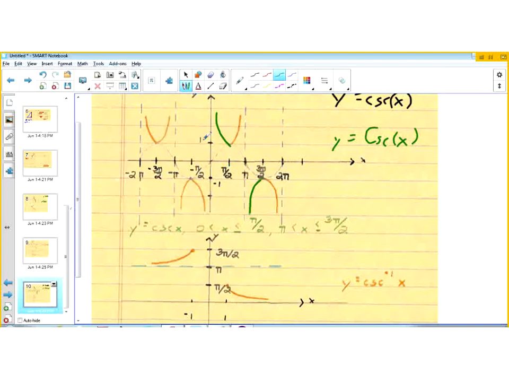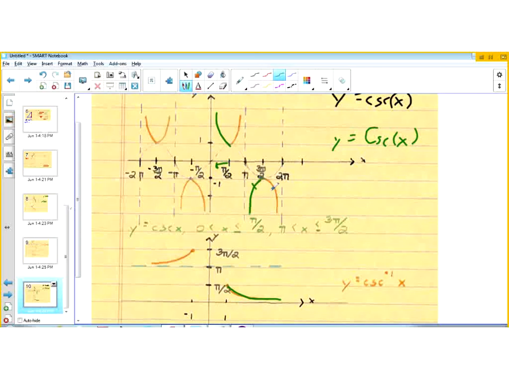At the point pi halves, we have an output of 1. So at the point 1, we would have an output of pi halves, flipping those. And as we go toward 0 in this direction, the output goes toward infinity. So 0 maps to infinity, so infinity must map to 0 for this. And that's shown here. So that upper branch maps to here.